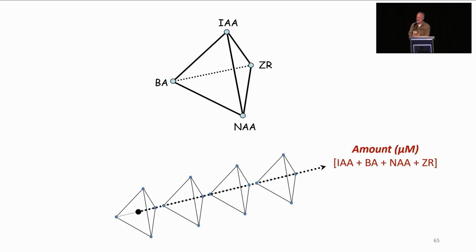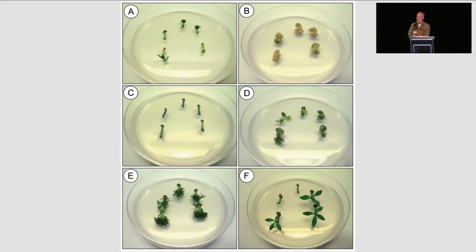So that's the experiment. We had an amazing diversity of morphologies. We had things with an enormous number of shoots, single shoots, no shoots, different callus morphologies, et cetera. And the beautiful thing is now we can quantify and we can tell you exactly why they are acting the way they're acting.